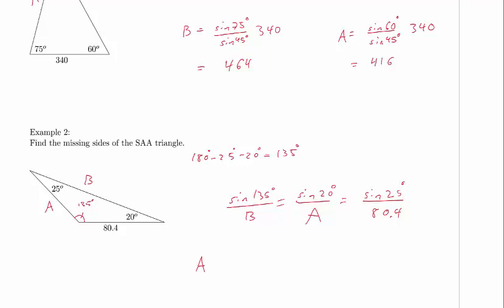And so let's go ahead and solve for both a and b using this relation. Here we've got a equals sine of 20 degrees divided by sine of 25 degrees multiplied by 80.4. And then we have b equals sine of 135 degrees divided by sine of 25 degrees multiplied by 80.4.